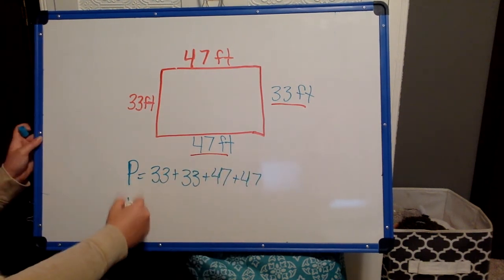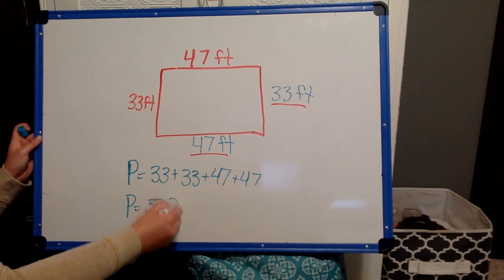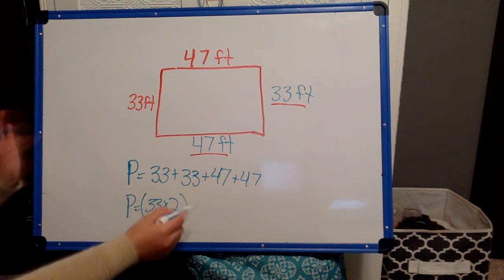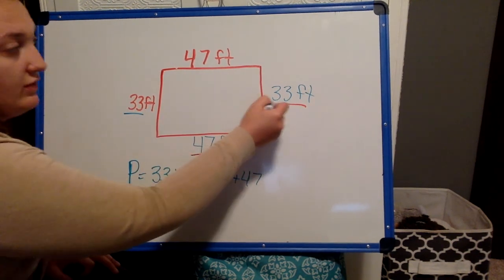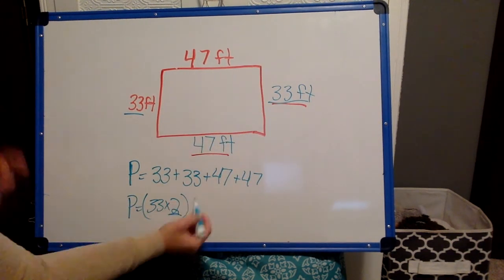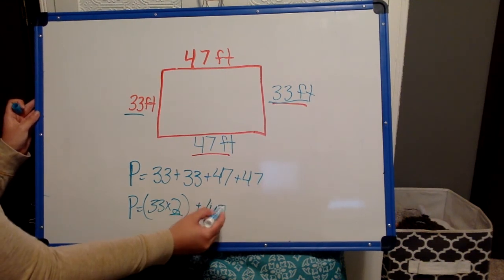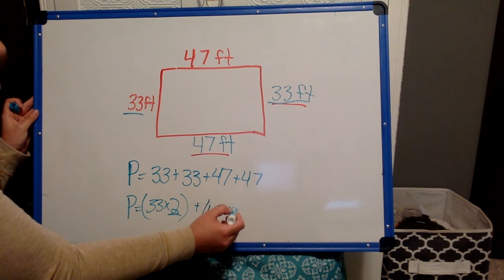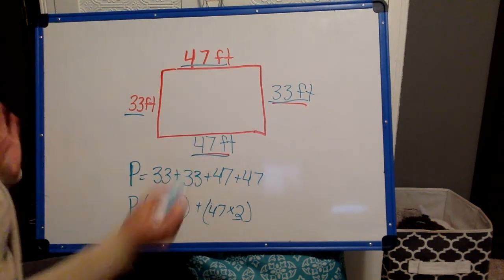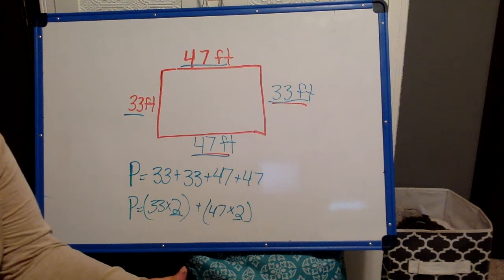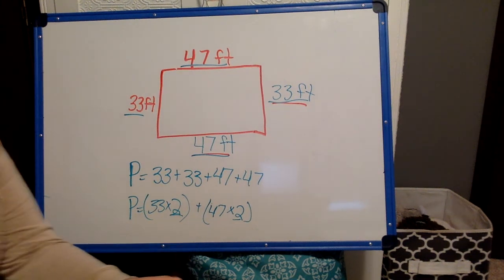Or you could say P equals 33 times 2, because again, there's 2 33-foot sides, plus 47 times 2, because there's 2 47-foot sides, and then you could solve it that way. And you could figure out the perimeter of Alicia's garden.